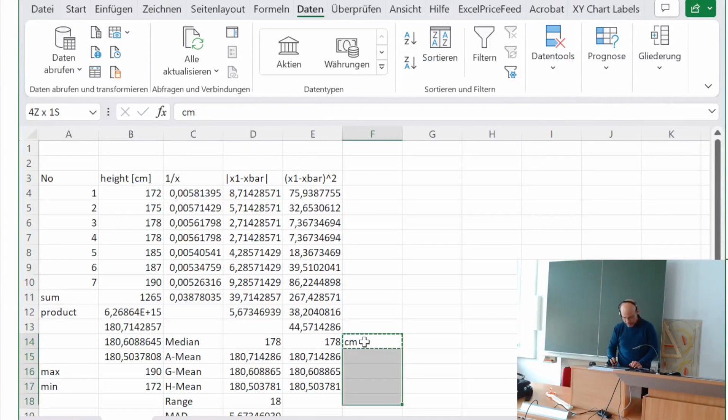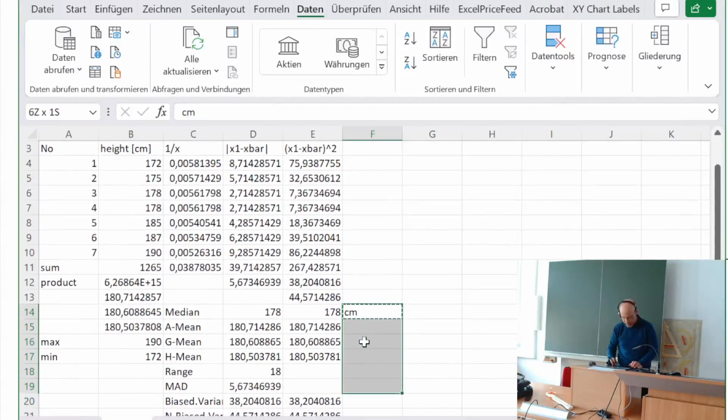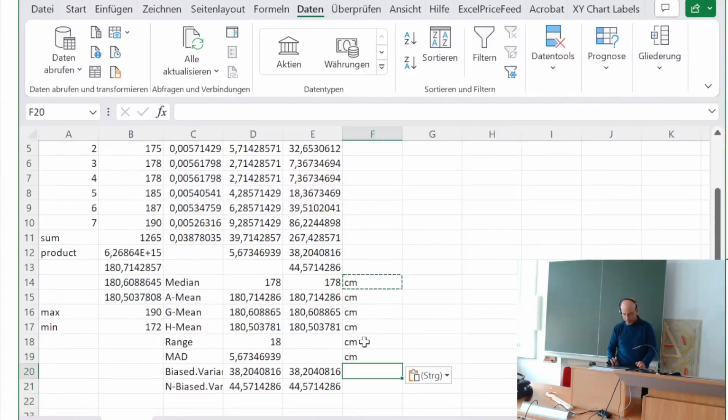All this is centimeter. This is also centimeter. What is the unit of our variances? Square distances. So square distances, the unit is not centimeter, but centimeter squared.